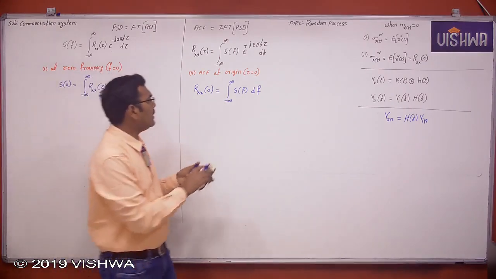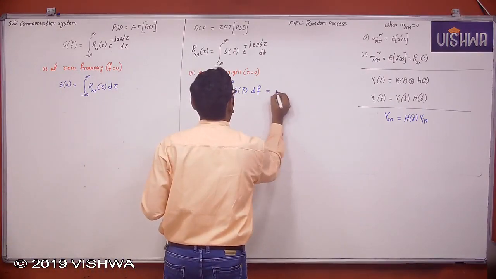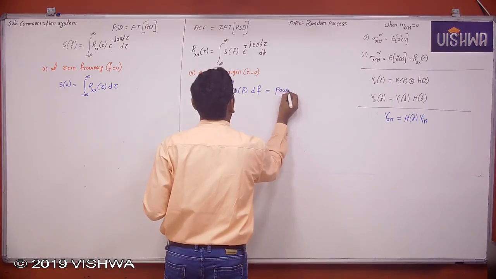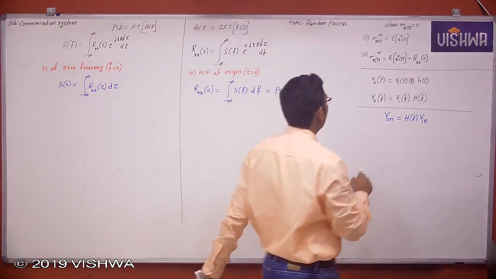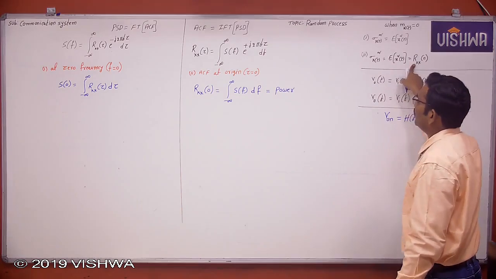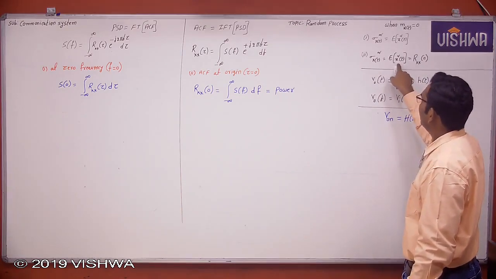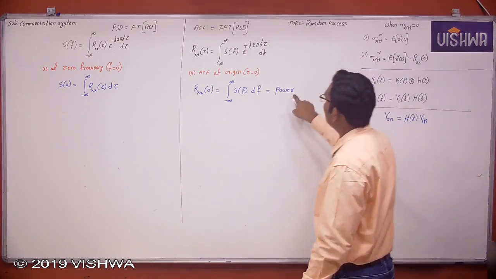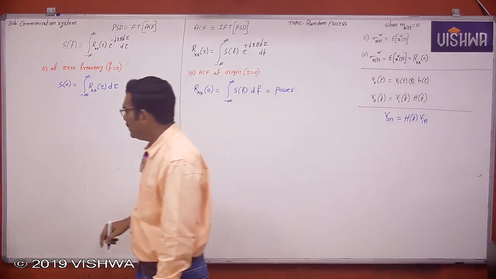What is the area under the power spectral density? It is nothing but power. The same thing or not? The autocorrelation function at the origin is the area under the power spectral density, or the mean square value, or the total power. All are the same.